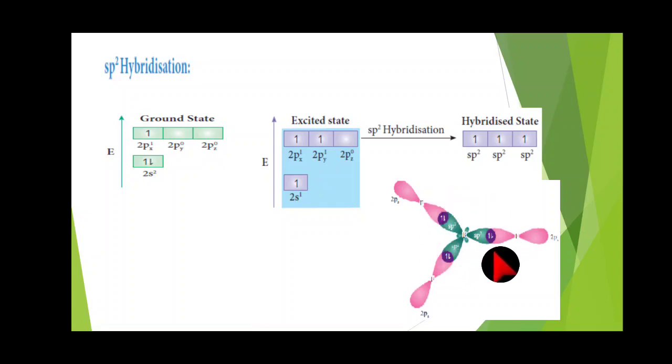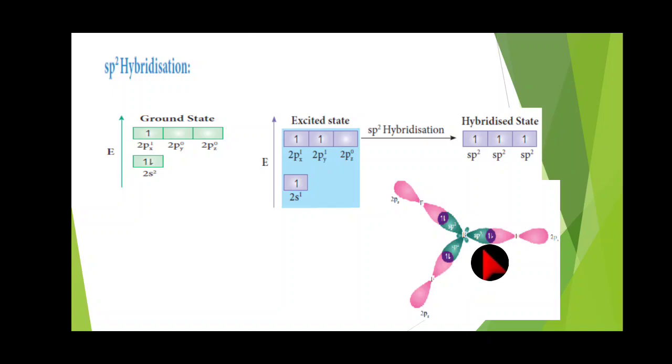This kind of structure. Here these three orbitals lie in the same xy plane. The angle between the two orbitals is equal to 120 degrees. On all three sides we can measure 120 degrees, right?